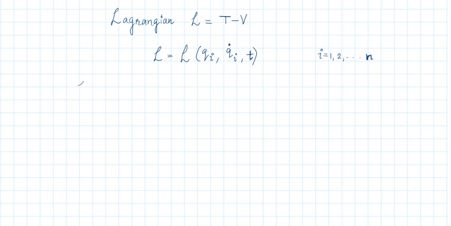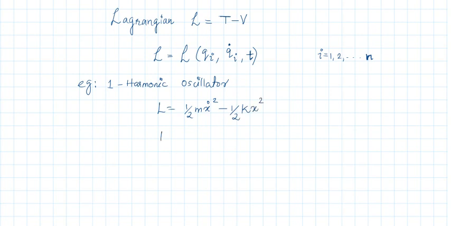For example, if you consider a one-dimensional harmonic oscillator, then the Lagrangian is given by half m x dot square minus half k x square. So here you can see that the Lagrangian is a function of x dot.